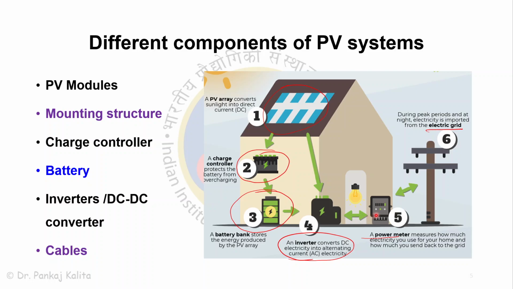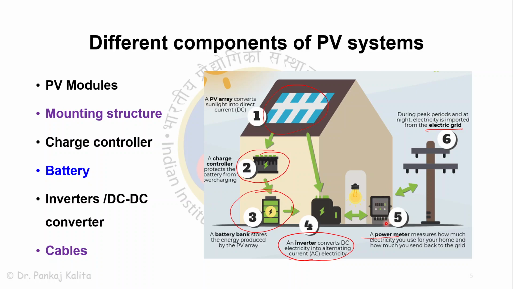There is a concept of net metering. Whenever you produce extra through the solar PV, you feed it to the grid, and whenever there is a shortfall in power from the solar PV, we take some electricity from the grid.